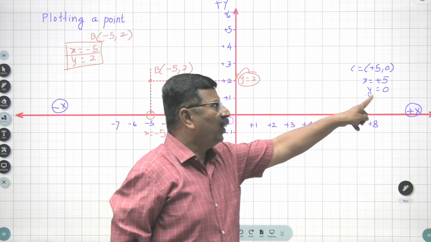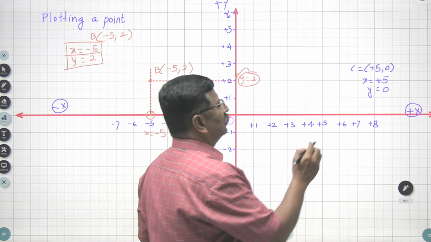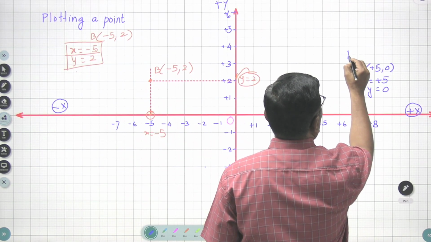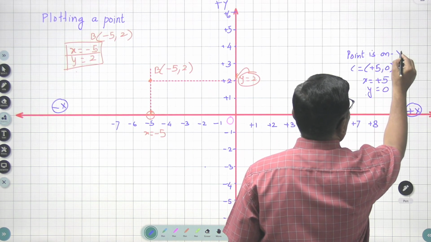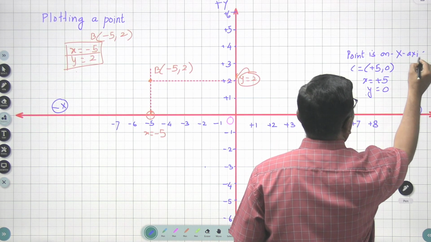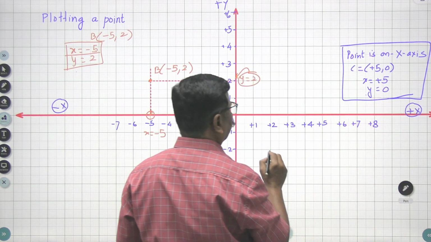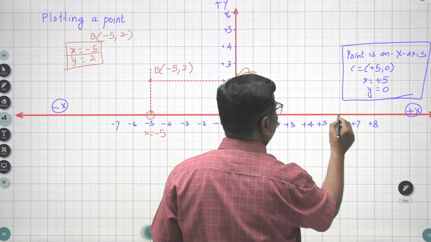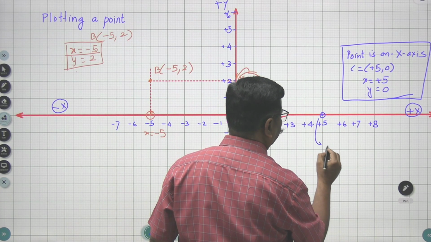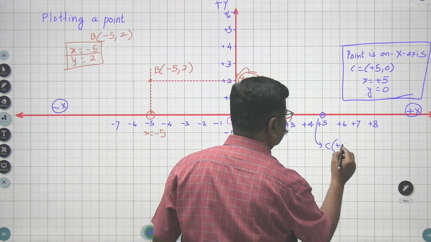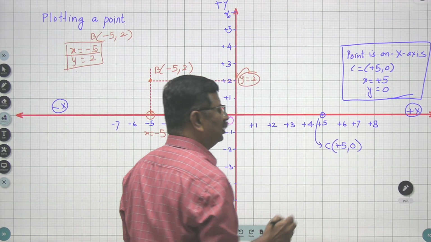Here y is equal to 0, that means the point is on the x-axis. So x is equal to 5 here, and this is the point C whose x coordinate is plus 5 while the y coordinate is 0.